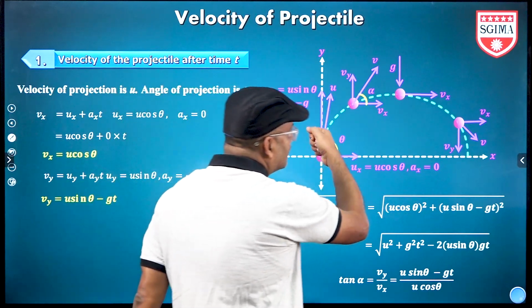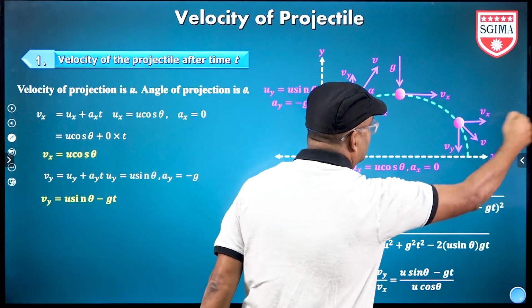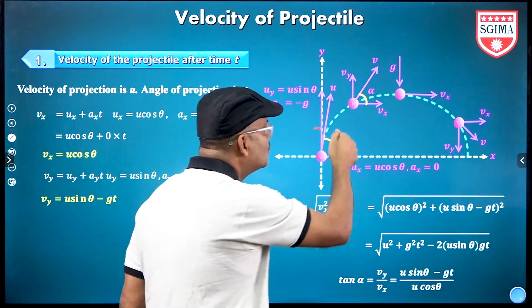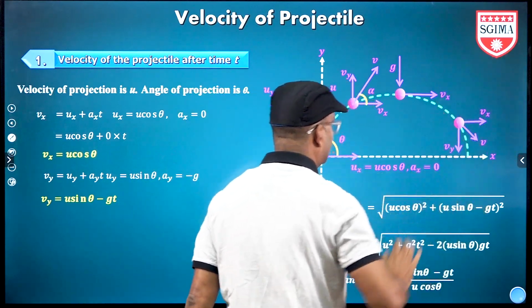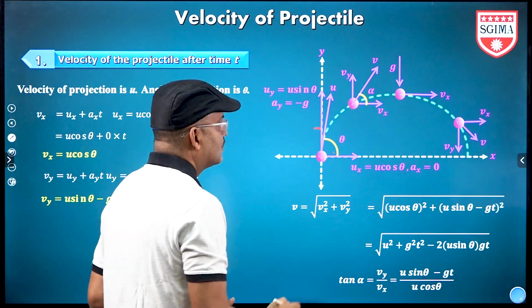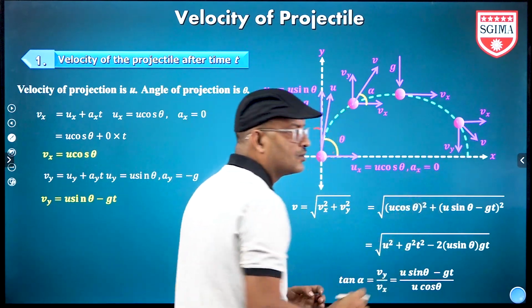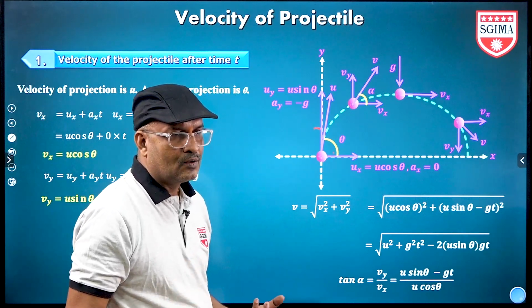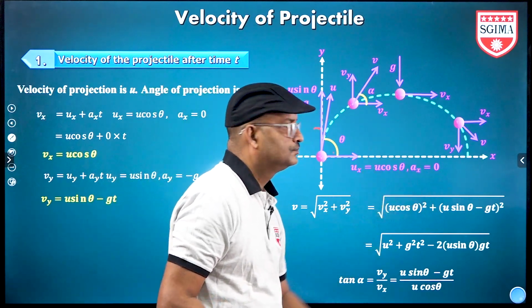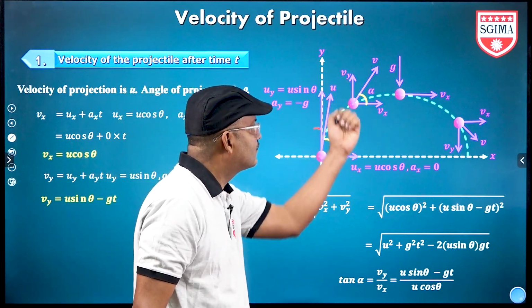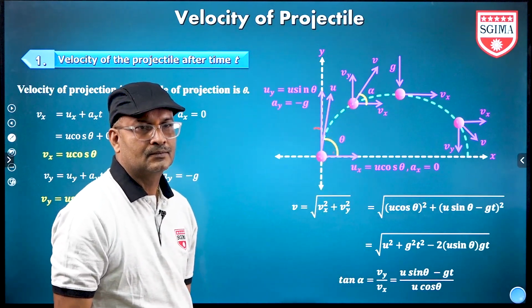Here, there is no force along the horizontal direction if air resistance is neglected. Force is equal to ma, force is 0, so acceleration is 0. But in the vertical direction, there is a gravitational force in the downward direction.